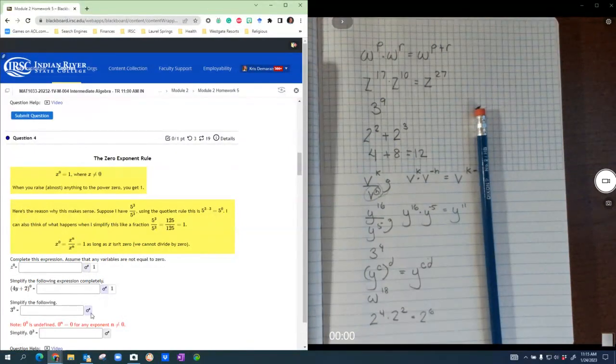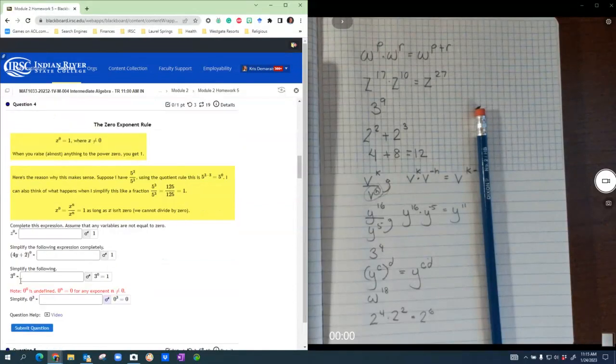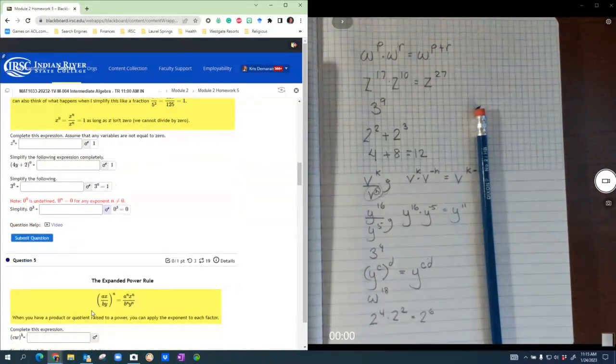The answer for this one's 1. Now, take note, 0 to the 3rd power, what does that equal? That's 0, right? Because 0 times 0 times 0. So don't get confused when the base of the power is 0. That's really easy to understand.